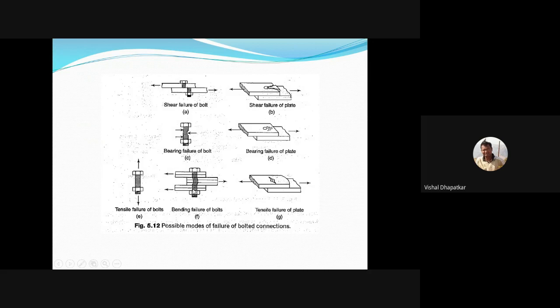The bolts are getting bent between the two surfaces. And this is tensile failure of the plate. Because of pull out or pull in axial forces, the plates are getting torn off at the hole location, because the net area is reduced whenever we drill or add any hole in the plates. So these are the common types of failure of the plates and bolts.